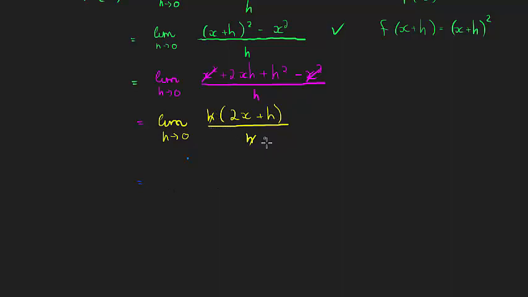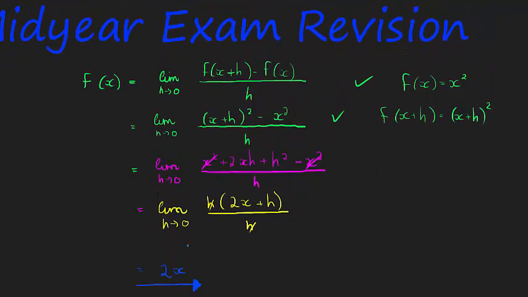You see I got rid of the h, and the moment I substitute the 0, I stop writing limit. So then I've got 2x plus 0, and there's my derivative from first principles. That is finding the derivative from first principles.